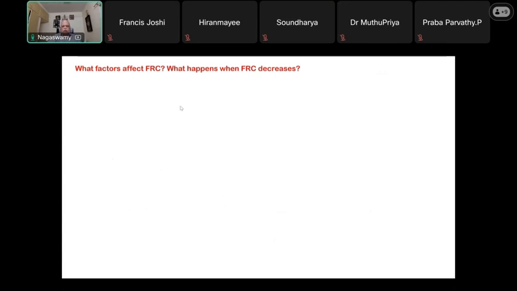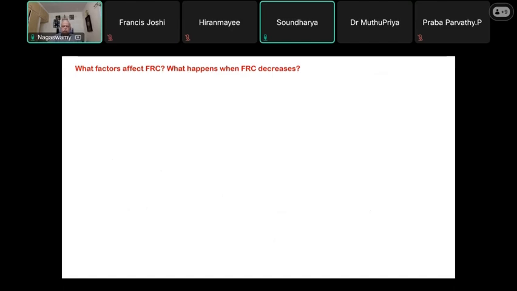Can you tell me which factors affect the normal quantity of FRC? All of you should be able to say how much the volume is, in ml and liters, of various volumes and capacities. So normal adult tidal volume is about 400 to 600 ml. For men, it is about 500 to 600, women about 400 to 500.